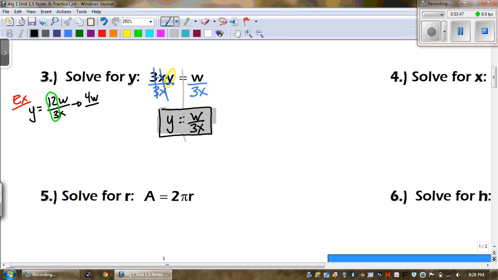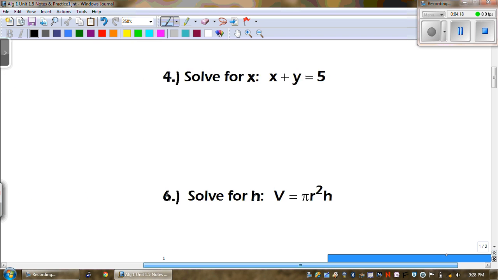Well, we would have 4w over x. And the same goes true if we had those numbers switched. 3w over 12x, we would still want to reduce that. And when we reduce it, it would be 1w over 4x. Okay? So always check to see if you can reduce and what that would actually look like.